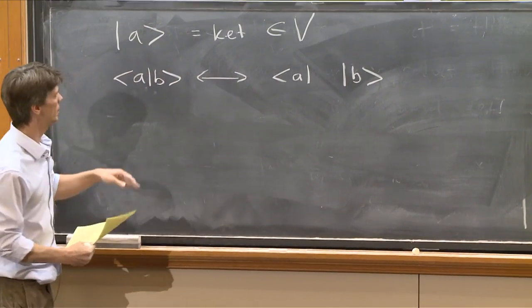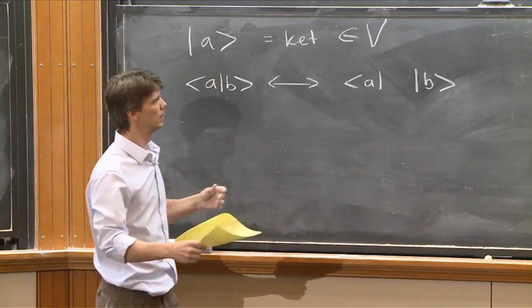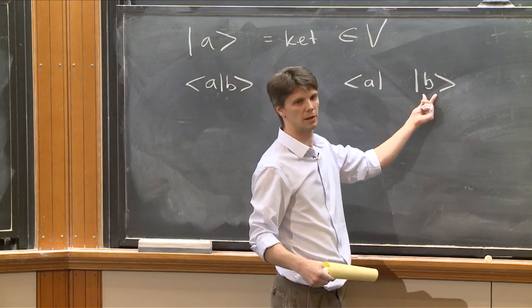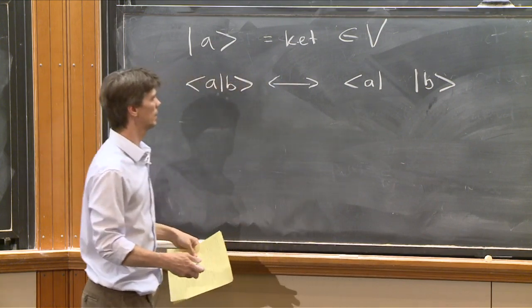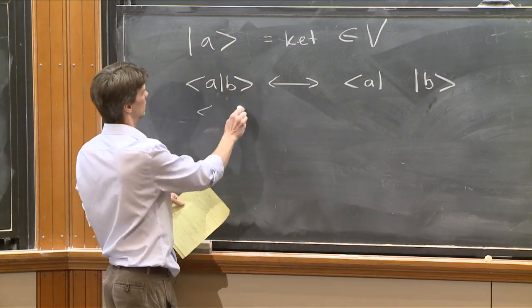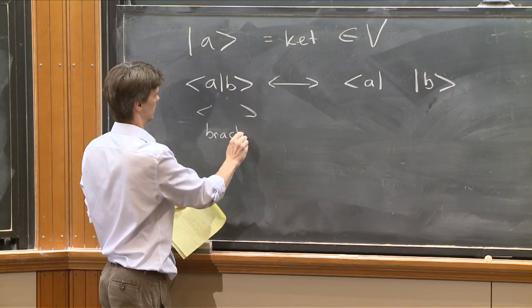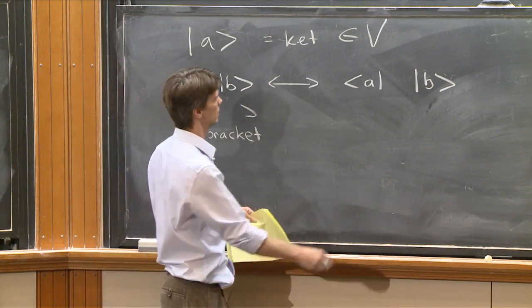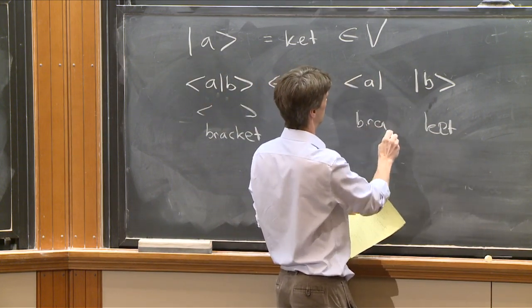Remember the dot product takes 2 vectors, A and B. One of them we've already written like a vector, because a ket is a vector, right? What Dirac did in breaking this up is he said, okay, this thing is a bracket. So he's going to call this one a ket, and this is a bra.